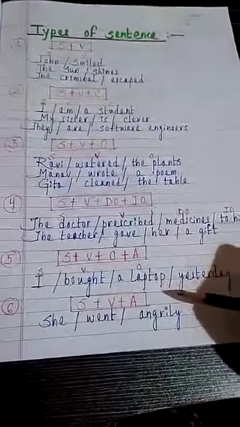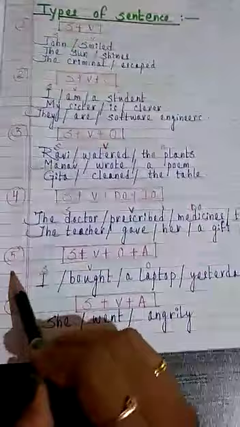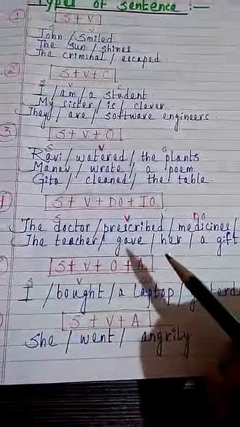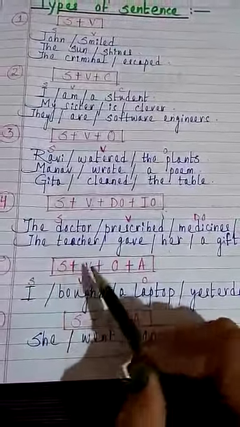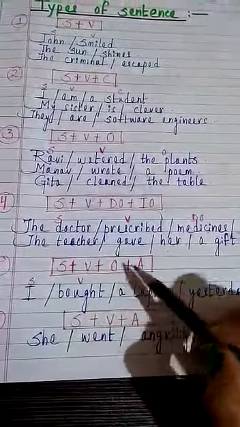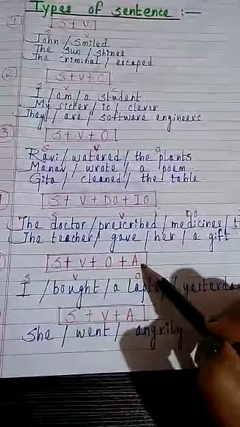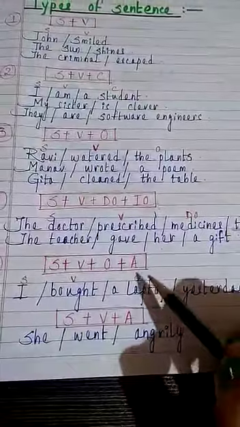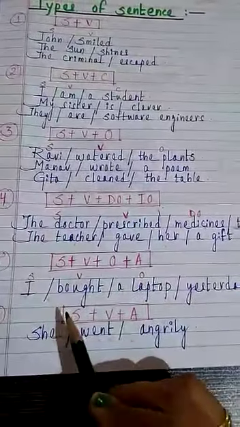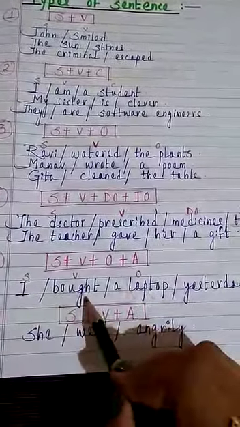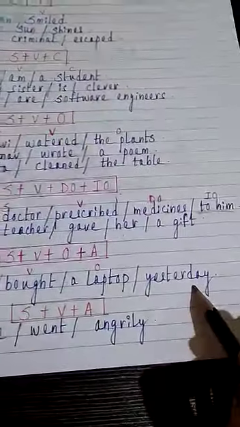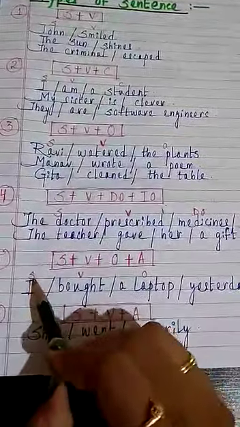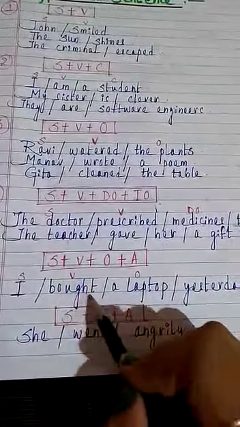Then coming to the next category, that is our fifth type. In this case, we will form a sentence by adding subject plus verb plus object plus adjunct. Adjunct is the additional word. These are the optional words we use to form a sentence. So look at here. I bought a laptop yesterday. In this case, I is the subject. Bought, buy का past tense है bought.